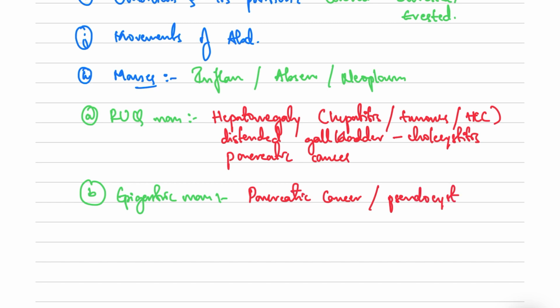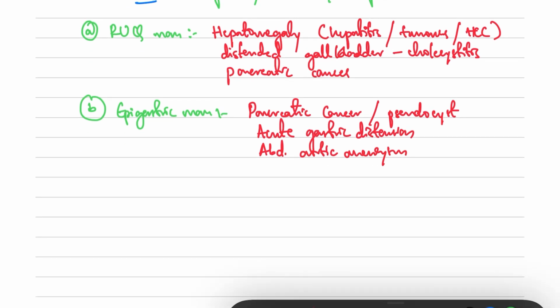It can be an acute gastric distension also, and it can be an aneurysm of the abdominal aorta as well. Abdominal aortic aneurysm. These are all things that can present as an epigastric mass.